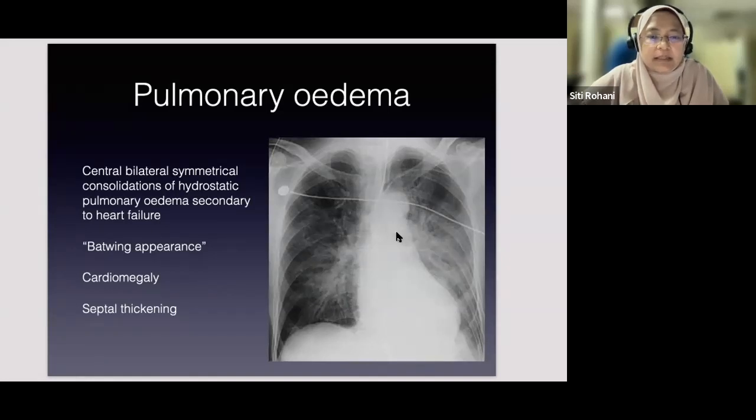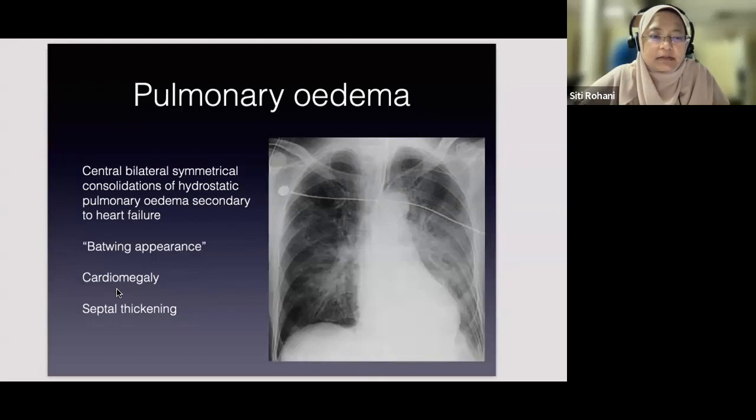Associated with cardiomegaly, if it is cardiogenic pulmonary edema. If the heart is not enlarged, it is non-cardiogenic pulmonary edema. Sometimes we can see septal thickening or Kerley B lines at the edge of the lungs.